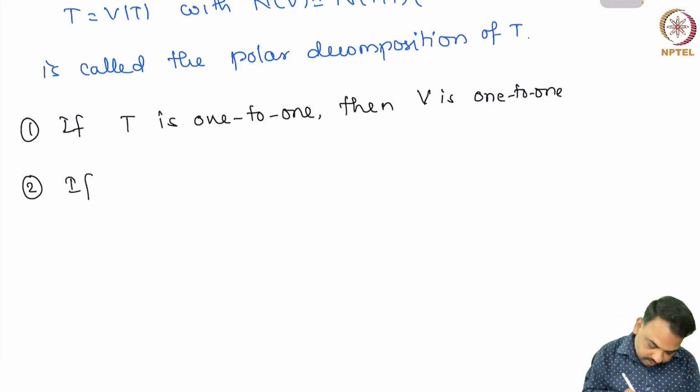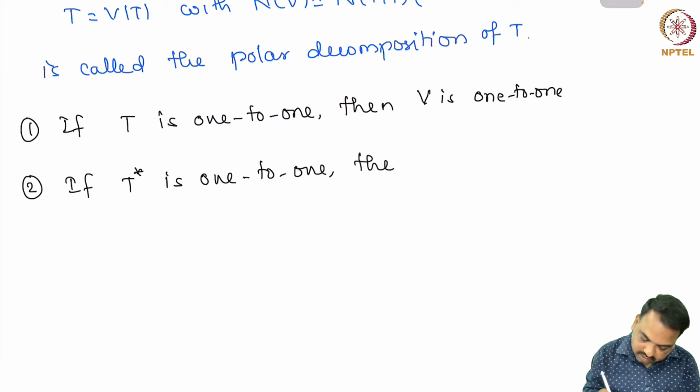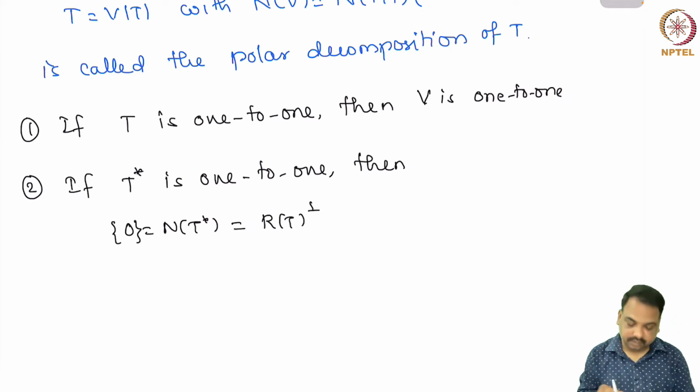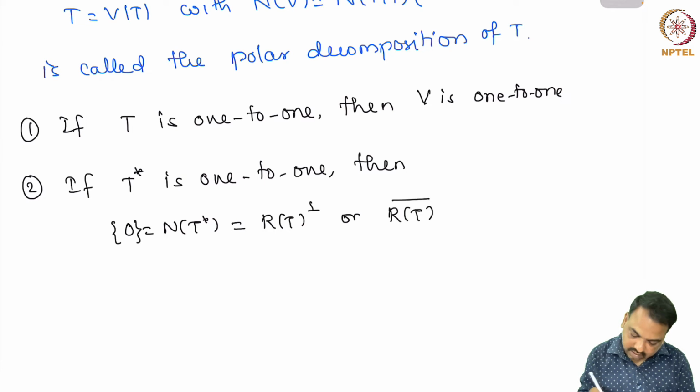If T star is 1 to 1, then we can say that null space of T star, that is 0, this is range of T perp, or we can say that range of T closure is H2.